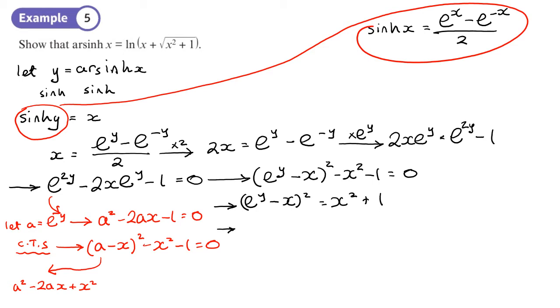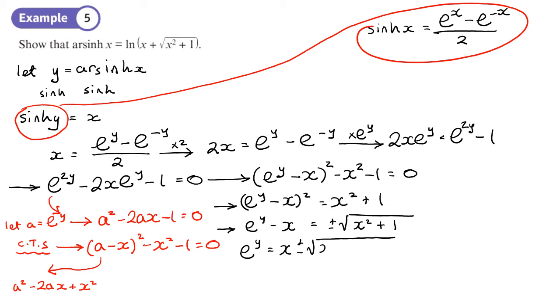I'm going to square root both sides. Don't forget you have a positive and a negative. And then add x to both sides. So I'll have x plus or minus square root of x squared plus 1, like that.